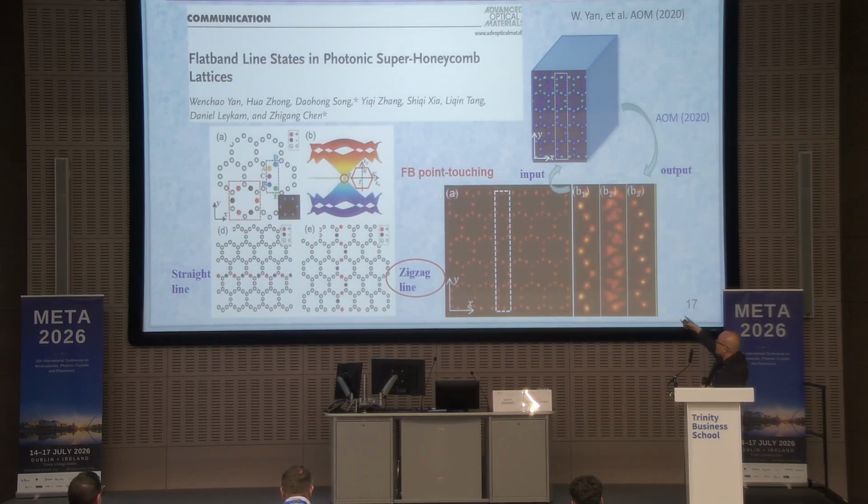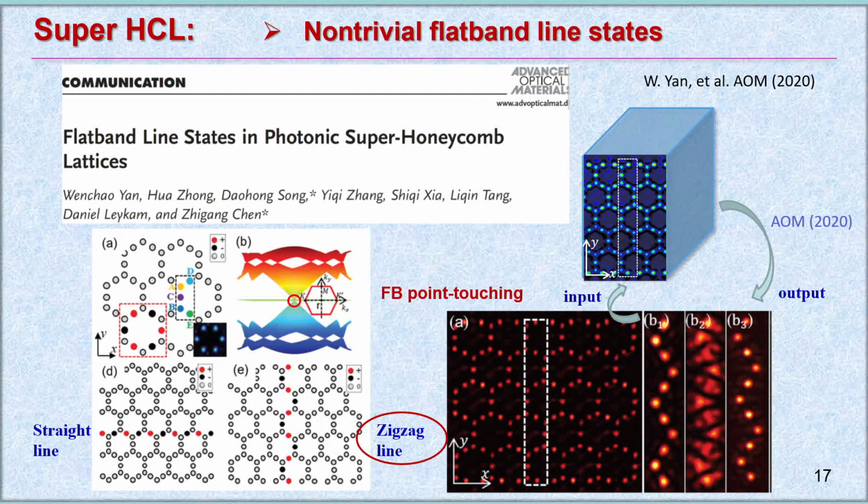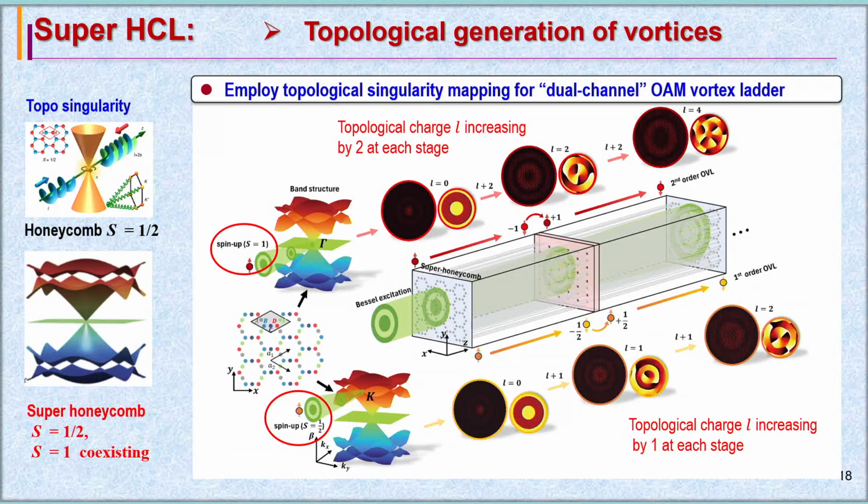You can also demonstrate it in this structure. What is unique to this structure is that this line state is not really a line, but actually zigzag to fit this lattice. So this is the non-trivial loop state because of the real space topology or the Dirac point protection. Yeah, I will explain more on this.